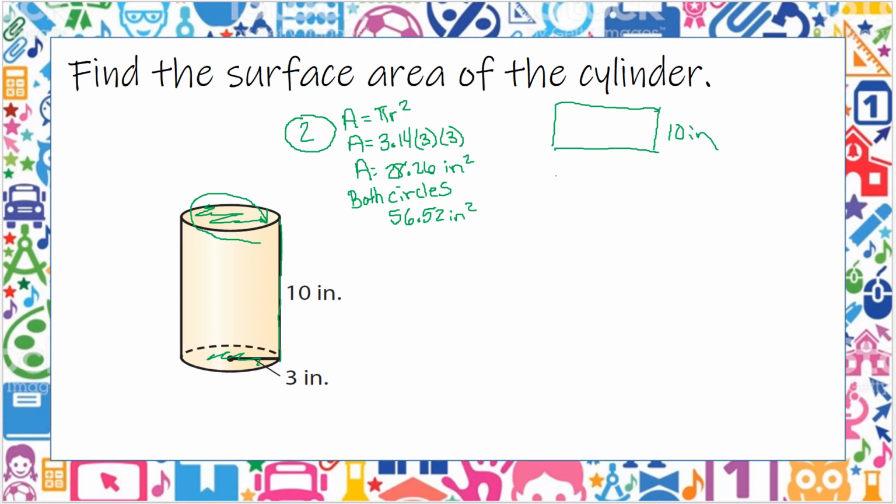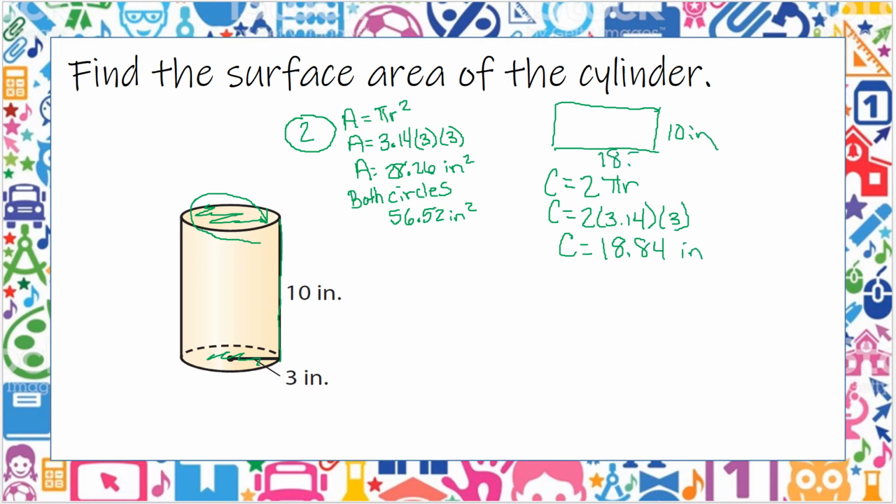Now, we know the circumference of a circle is 2 pi r. So we could find that. We go 2 times pi, and then they gave us our radius of 3. If I multiply that out, 2 times 3.14 times 3, I do get 18.84, and that is inches.